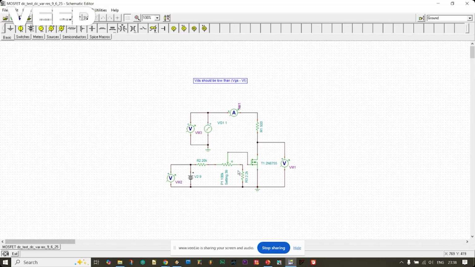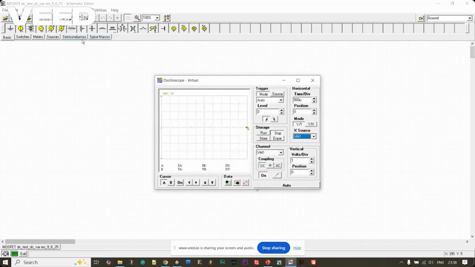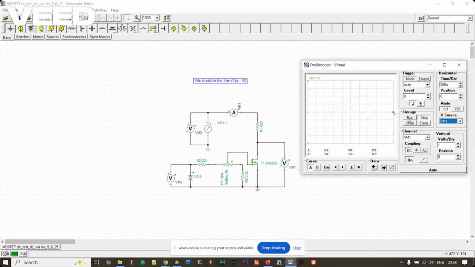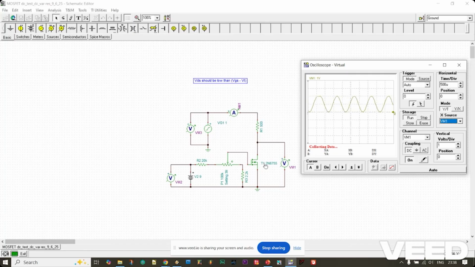Let us see the waveform. This is VM1. This is the output. Now it is acting as an open circuit. The resistance is very high because VM3 is also 1 volt.